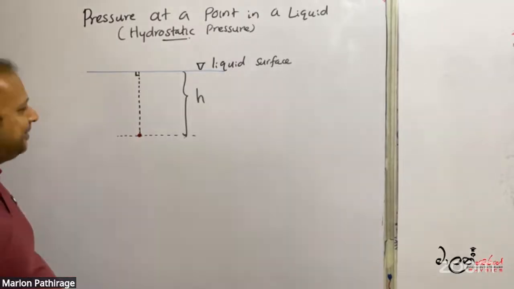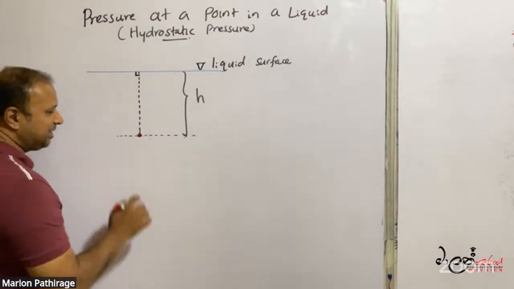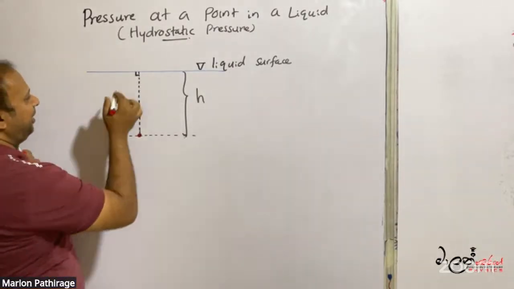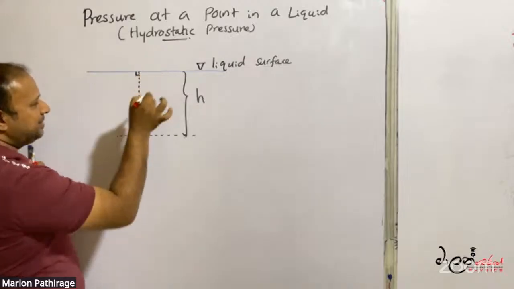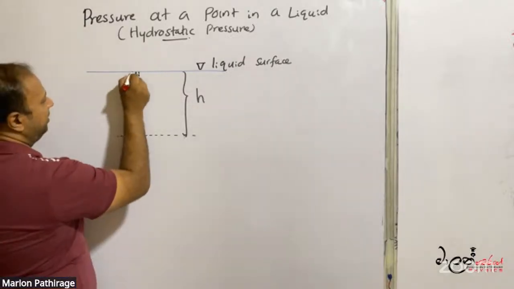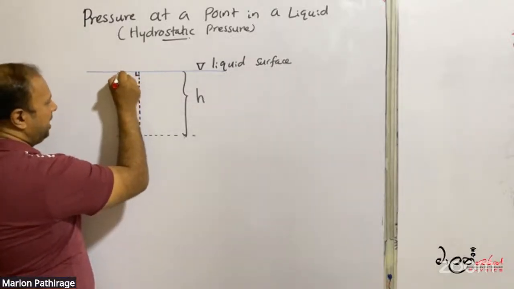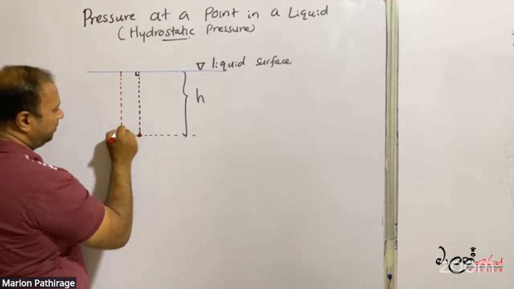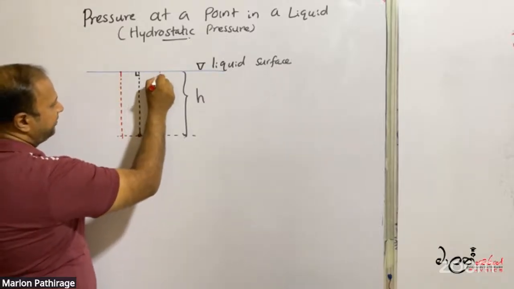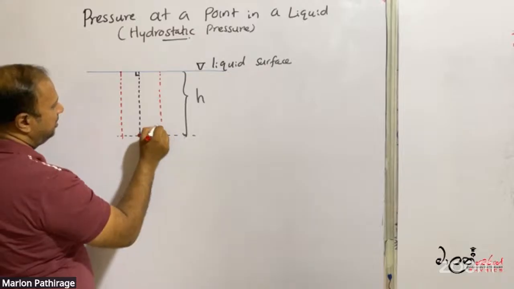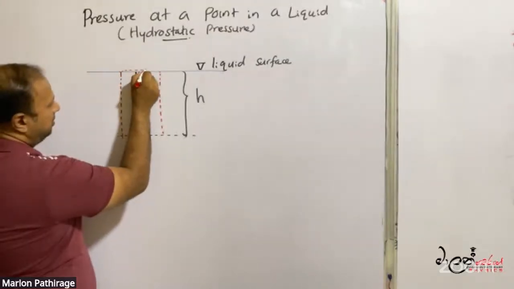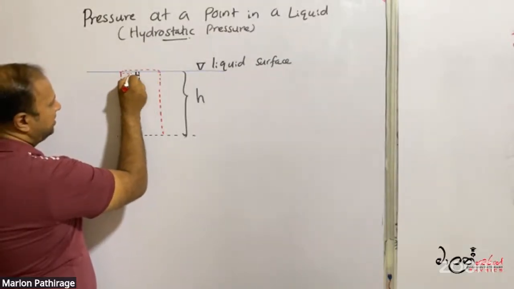So therefore, to determine the pressure at that point, now we can determine some 3D shape. I'm going to assume a cylinder, a liquid cylinder like this.